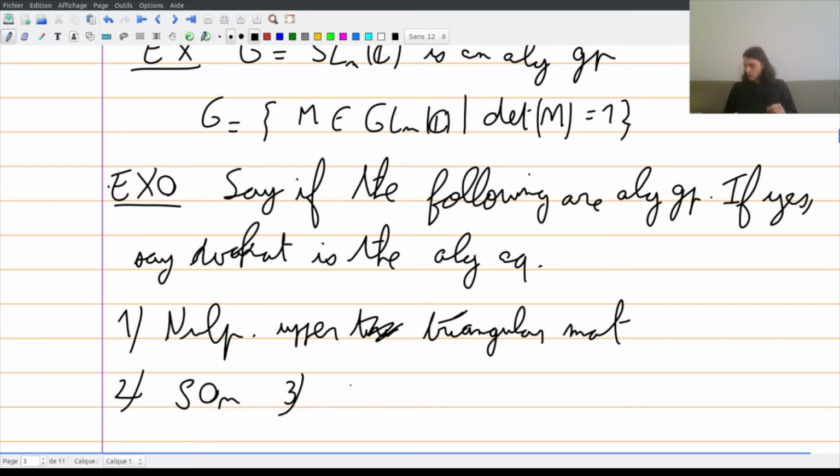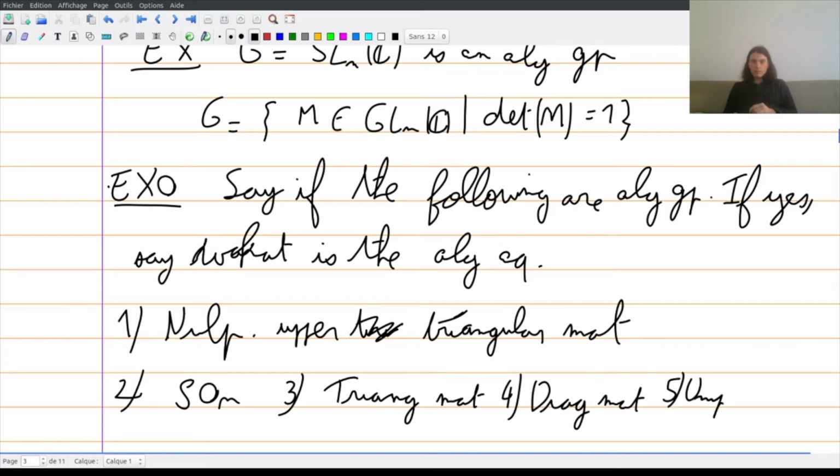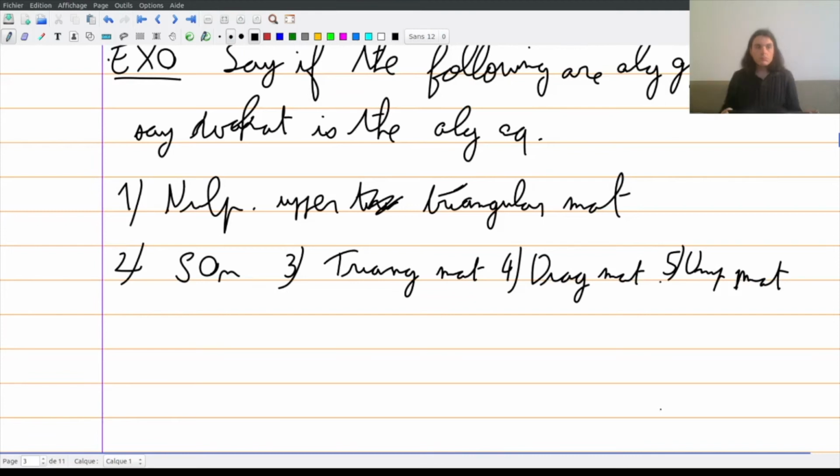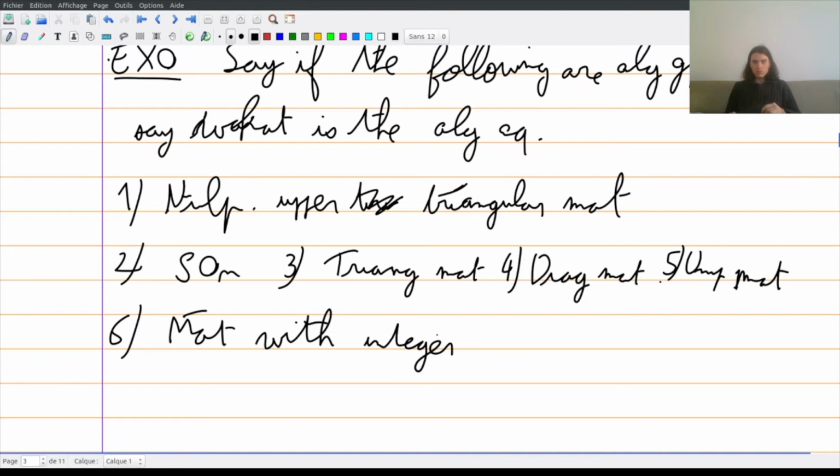SO_n. Triangular matrices. Diagonal matrices. Unipotent matrices. And the last one, matrices with integer eigenvalues.